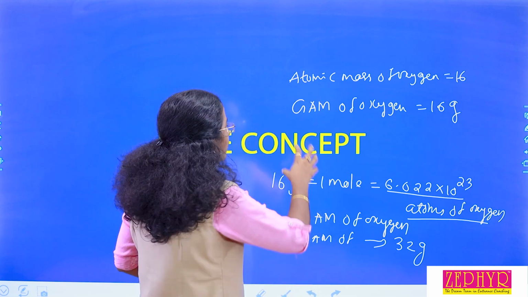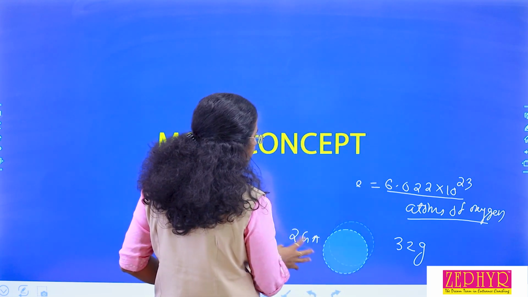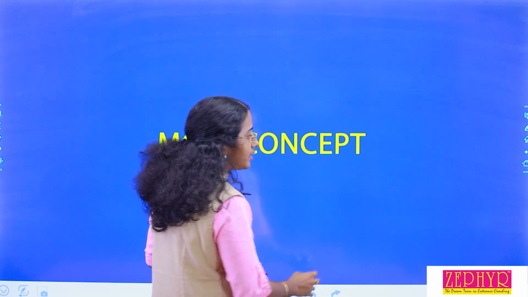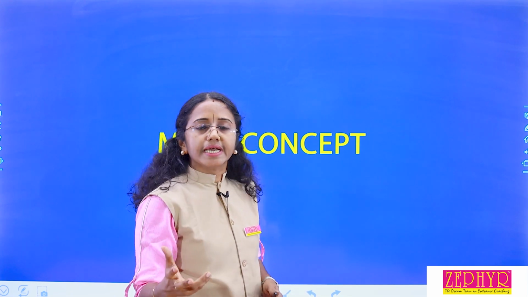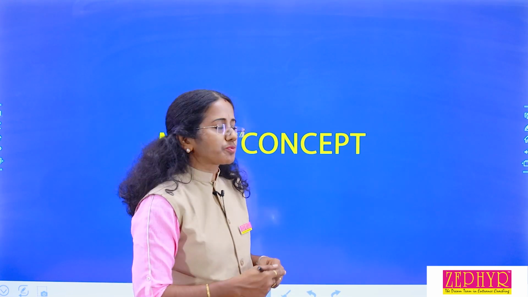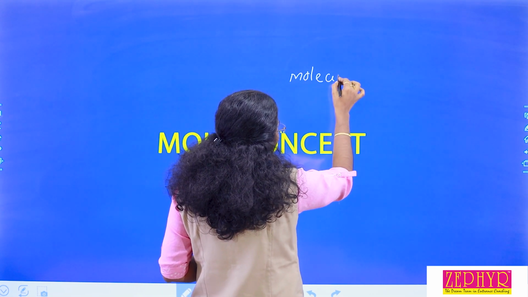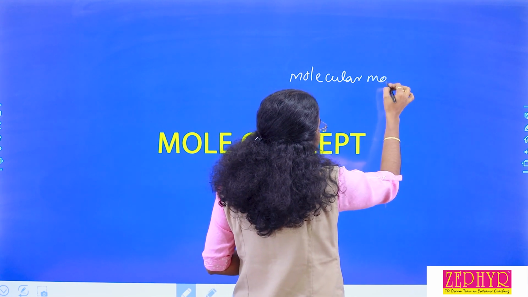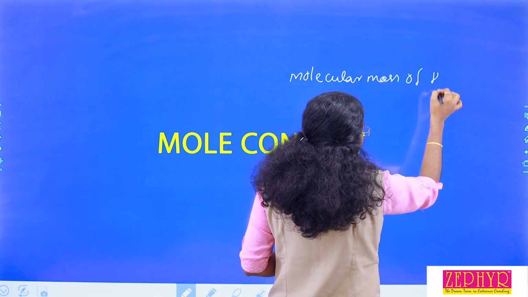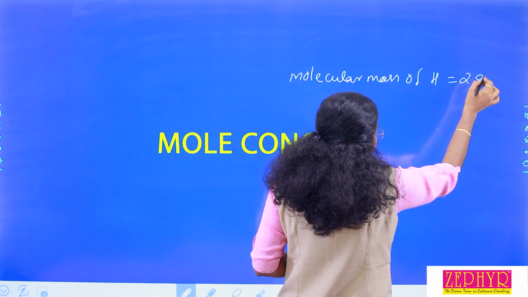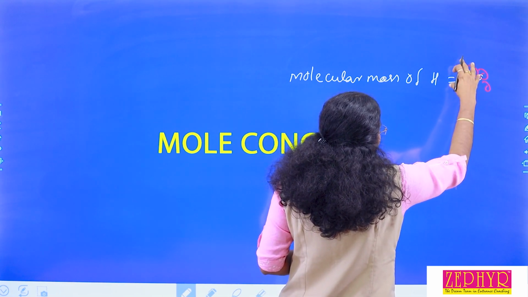Then what is GMM? What do you mean by GMM? GMM is molecular mass expressed in gram. What is the molecular mass of hydrogen? That is 2.